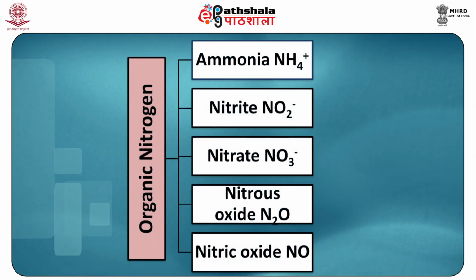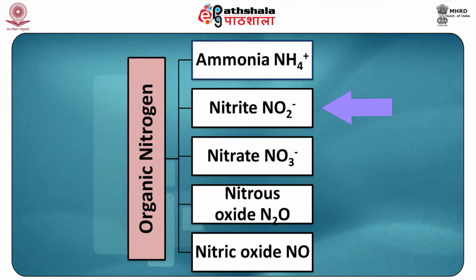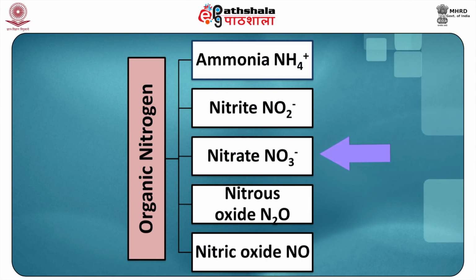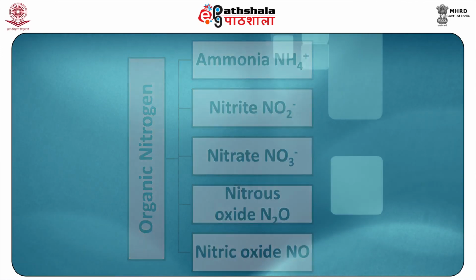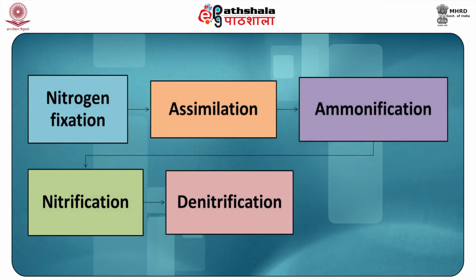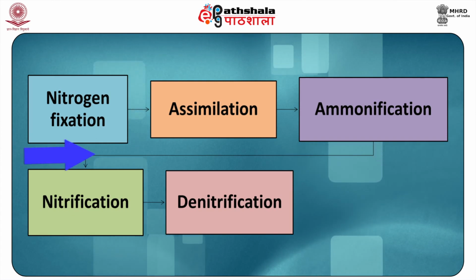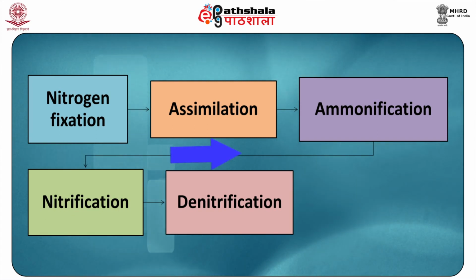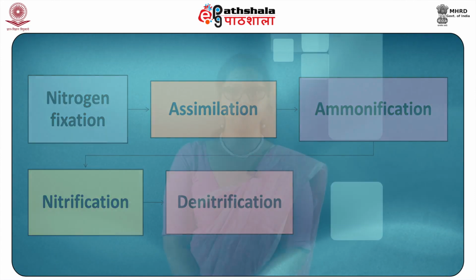Organic nitrogen can be present in many forms such as ammonium, nitrite, nitrate, nitrous oxide, nitric oxide, etc. The nitrogen cycle involves transformation of nitrogen from one form to another through various processes like nitrogen fixation, assimilation, ammonification, nitrification, and denitrification.